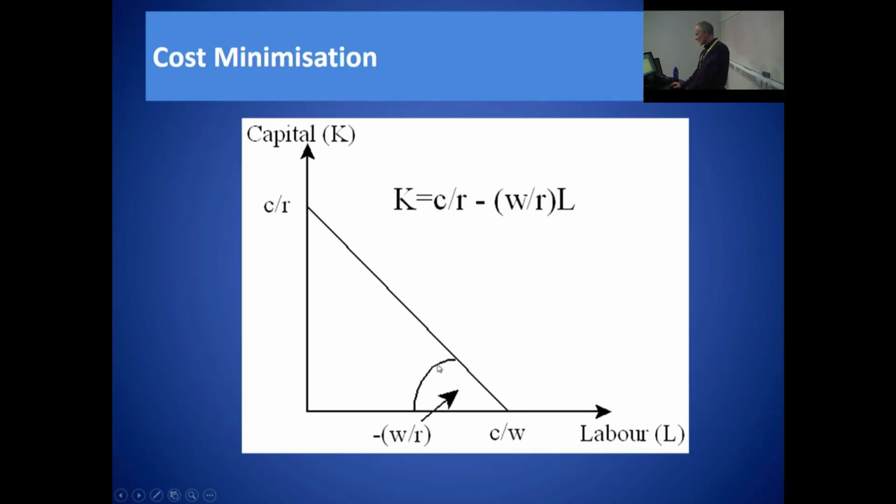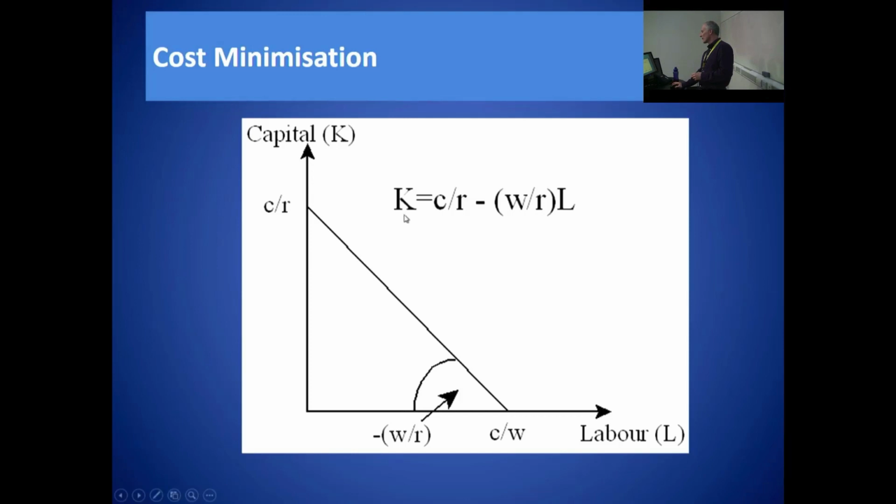That downward sloping line is the ISO cost line. Combinations of capital and labour that cost the firm exactly the same amount to employ. So they're different combinations of these factor inputs, but what does it cost the firm to employ these various combinations? Exactly the same. That is the firm's ISO cost line.